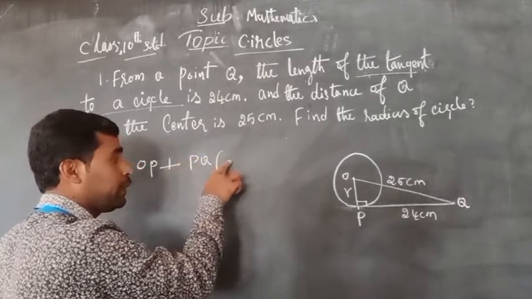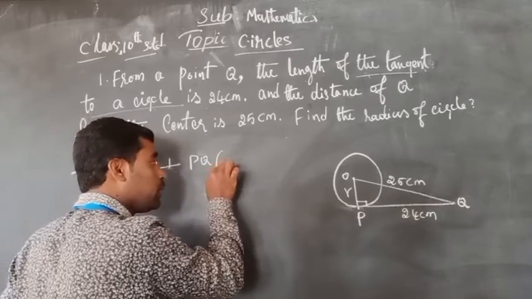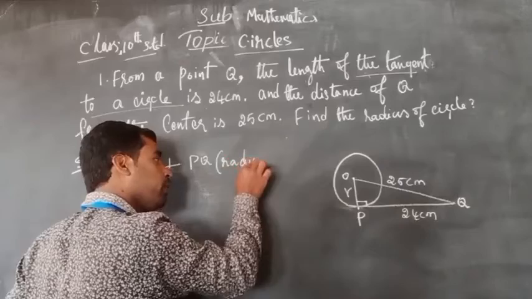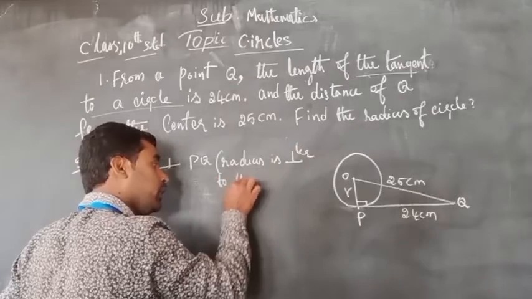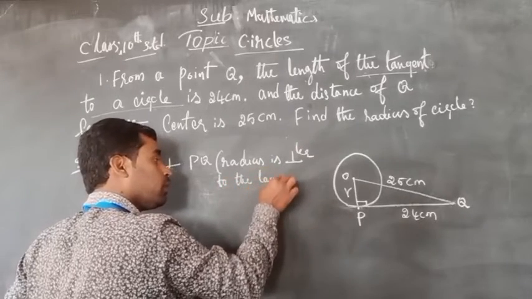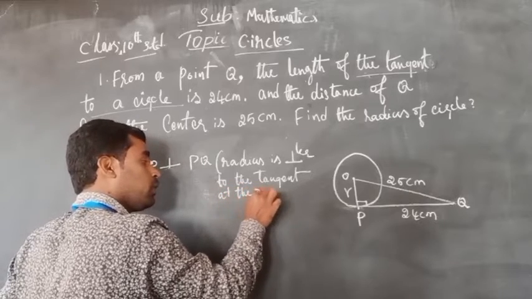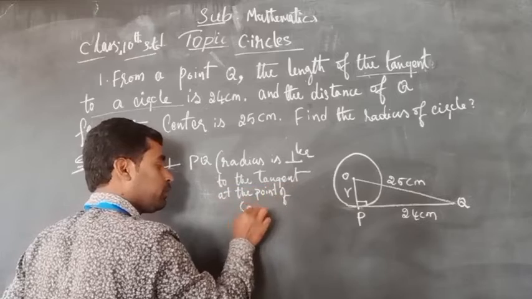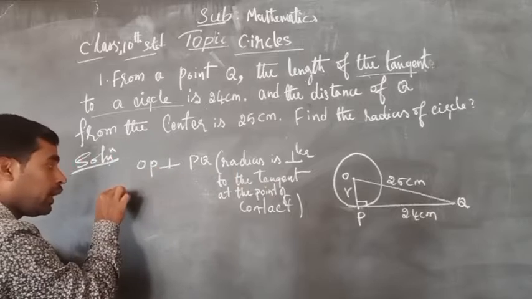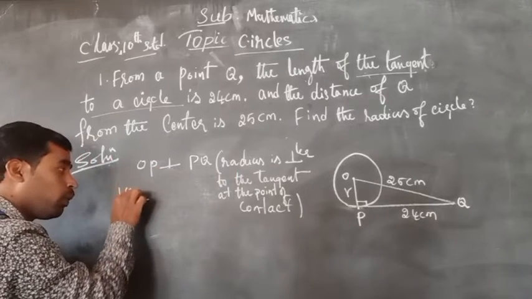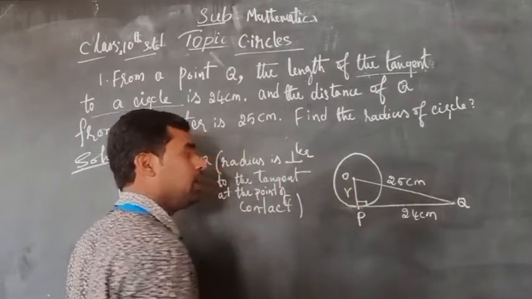The reason: radius is perpendicular to the tangent at the point of contact. Therefore, we can write angle OPQ is equal to 90 degree. When it is perpendicular, it measures an angle of 90 degree.